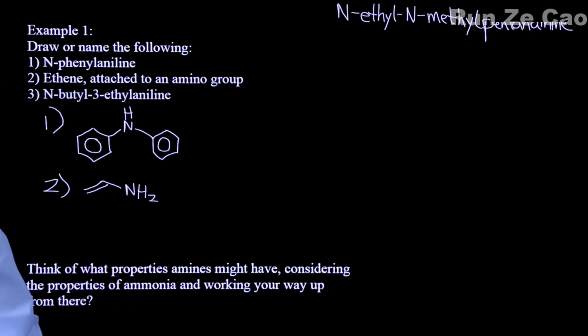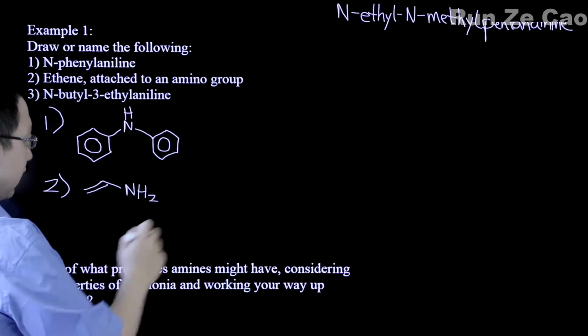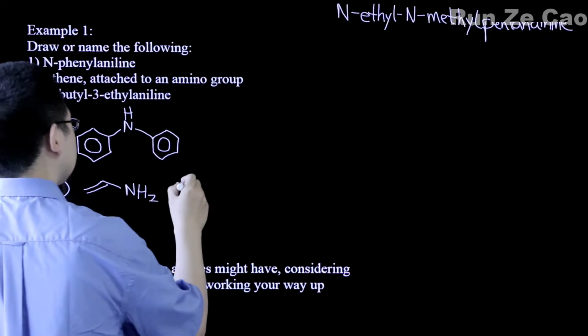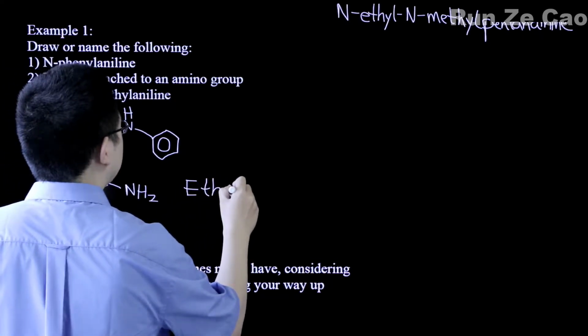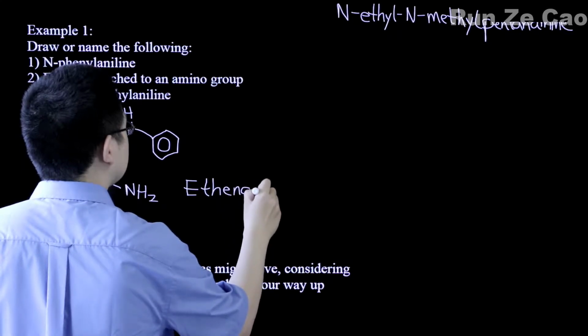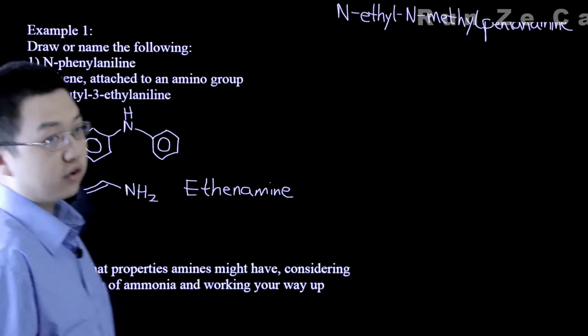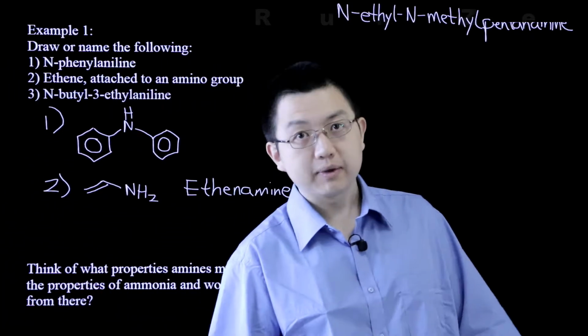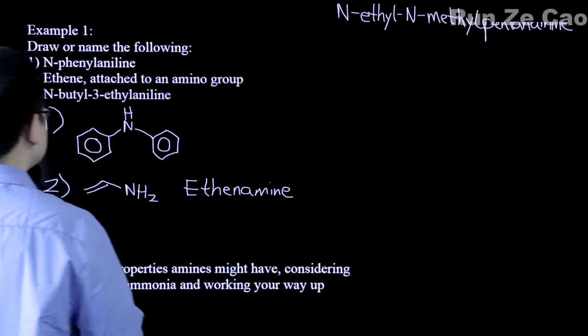So this is this structure, and it is named, instead of ethanamine, we have ethenamine. And then there's the option of course, ethynamine, which would be a triple bond, and this would be straight.